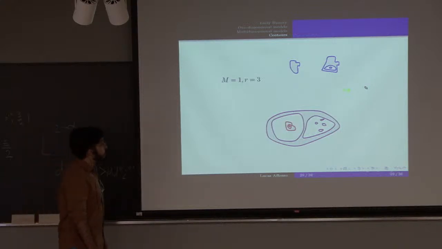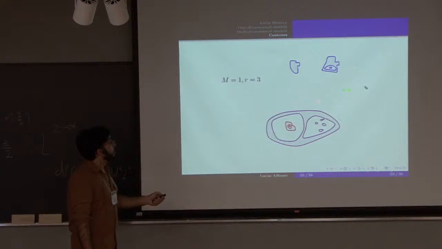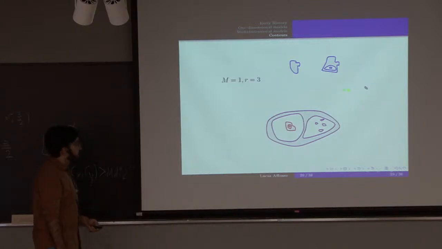What is the Mar partition then? The Mar partition will be the intersection of the cubes at that given scale with the subset that you covered. So this part will be, let's say, one contour, this one will be another one, and each one of the colors is a different contour.